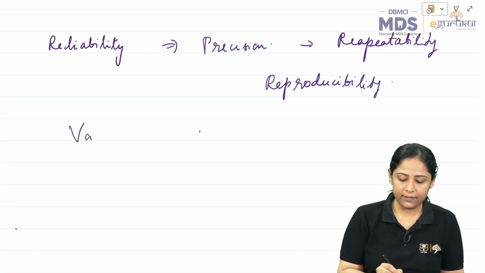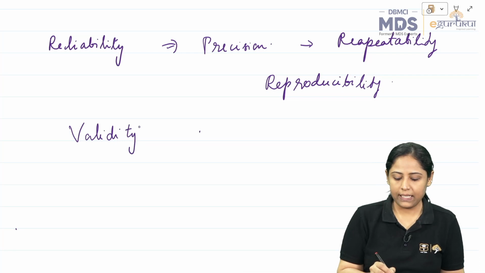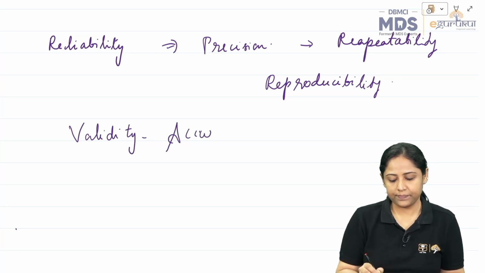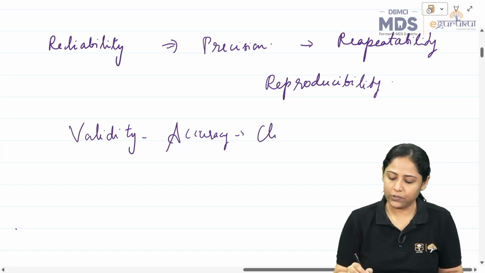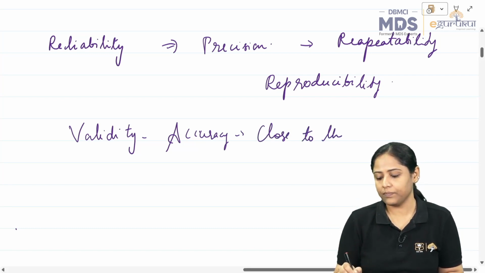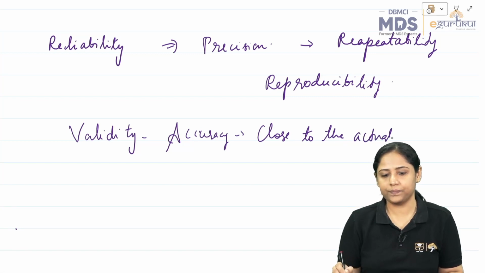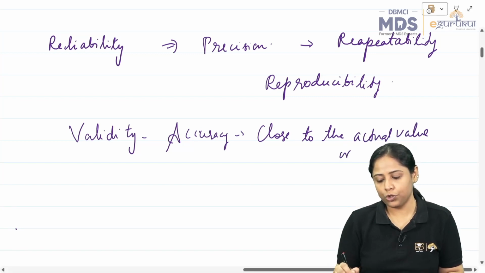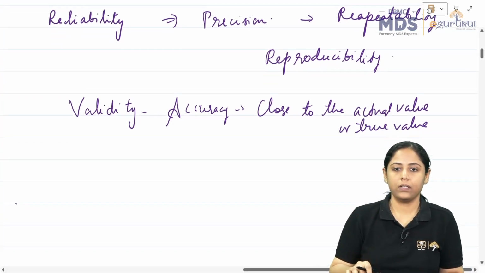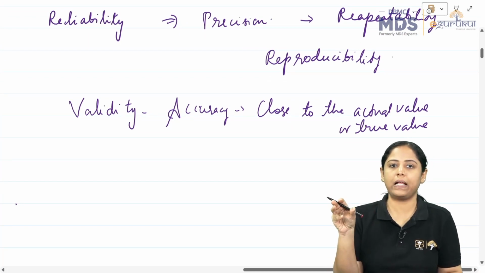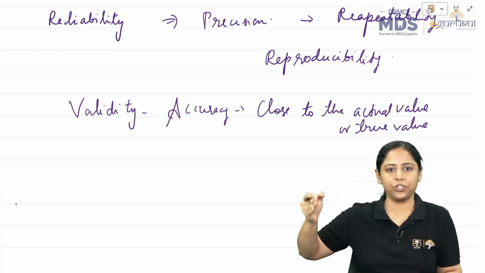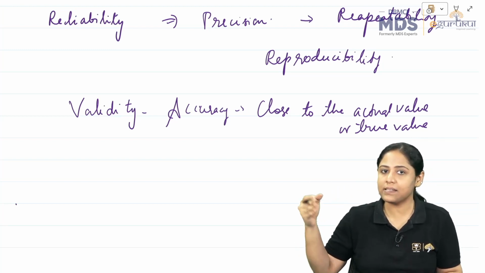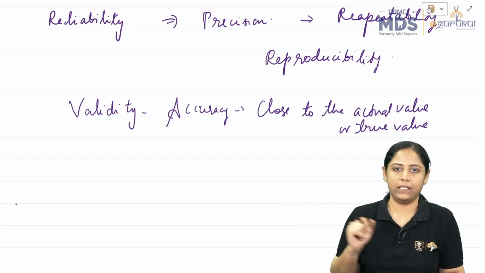Whereas validity is accuracy, that is, being close to the actual value or the true value. So when you are close to the actual value, or being accurate, it is validity. And precision or reliability is when there is consistency in the values.